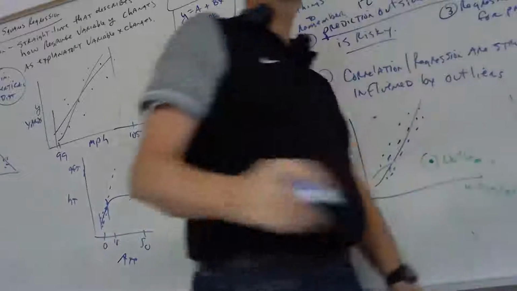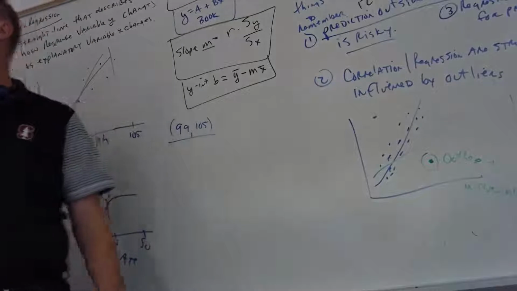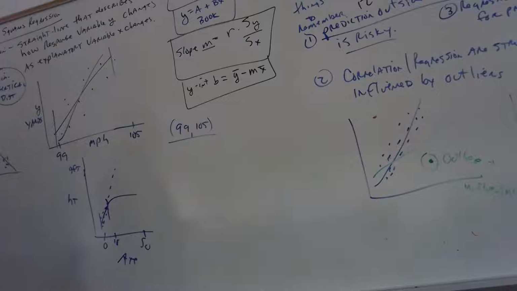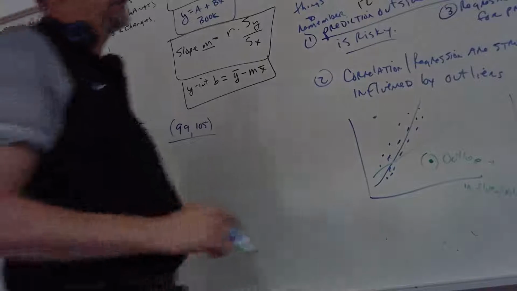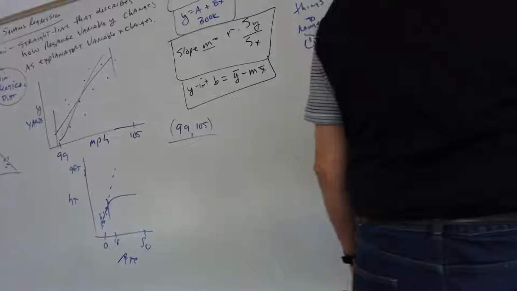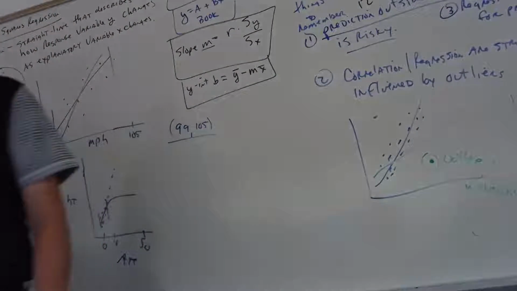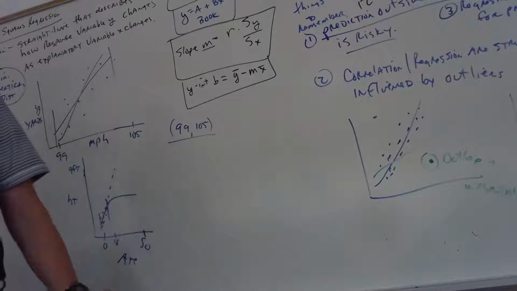Okay, now what's the big caveat here, especially with the crocodile? Rule number one, right? Predicting outside the range is risky. So maybe it was just a short, stubby crocodile with all head and no body. I don't know. Yeah. So it's a little bit risky there.